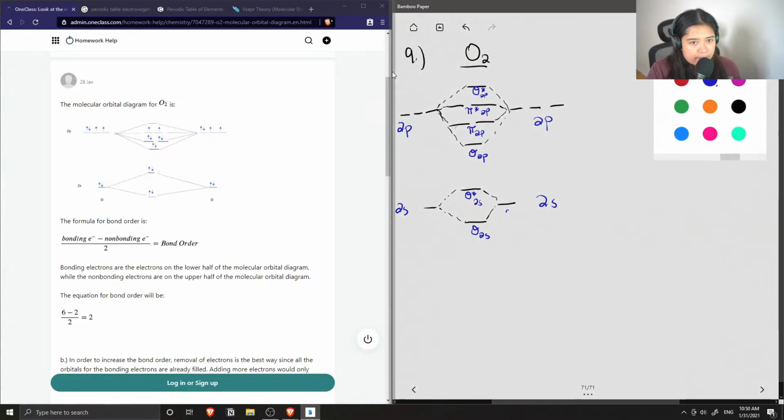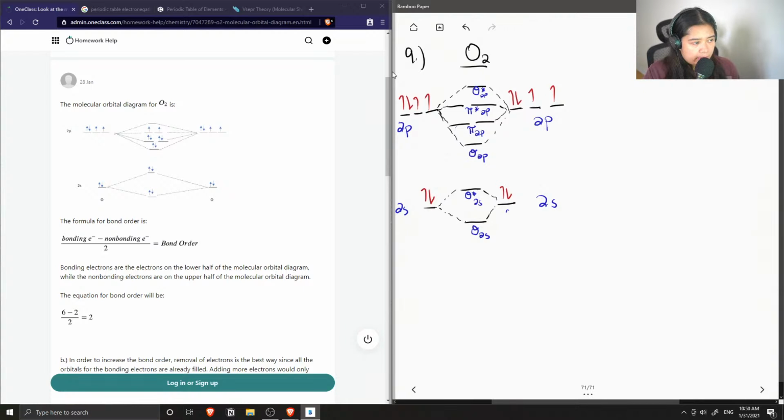Okay, so on the left and the right is a regular molecular orbital diagram for a single oxygen atom. So they have the 6 valence electrons drawn in. 1, 2, 3, 4, 5, 6. And since this is O2, we have 2 oxygen atoms coming together. So they're going to have the same molecular orbital diagram.